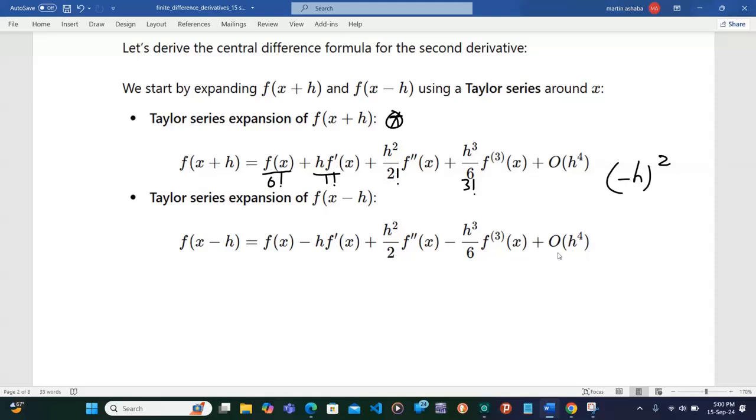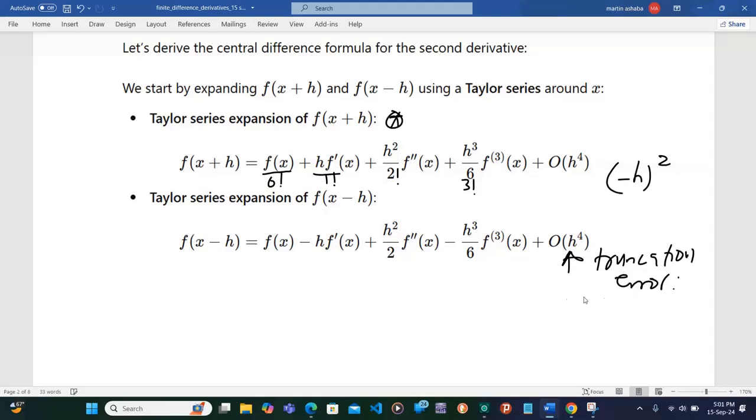Another person would have put O of h cubed, so you can say the terms of h cubed and higher. But this is giving you what we call the truncation error.